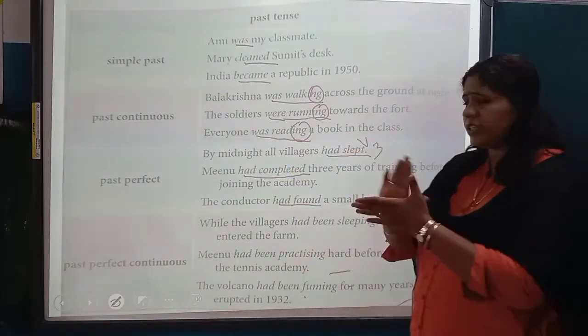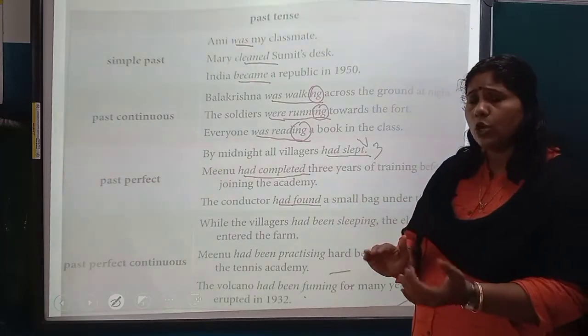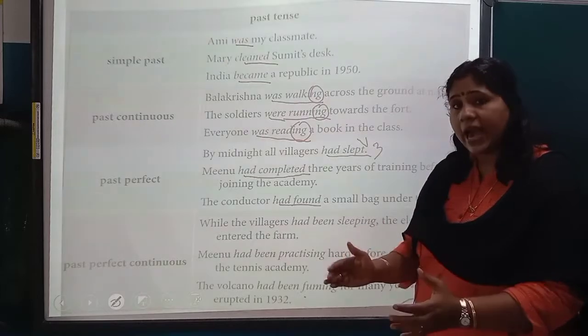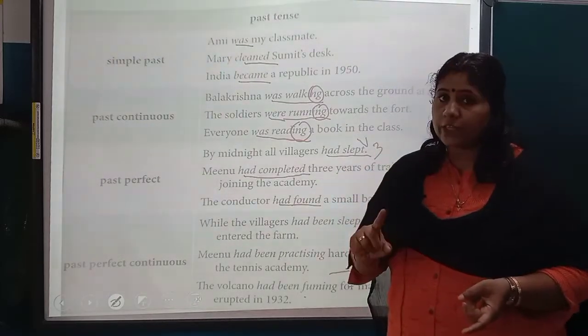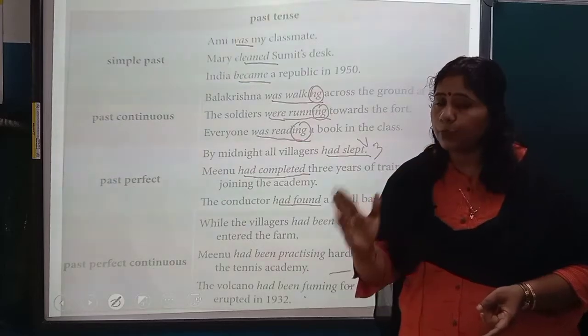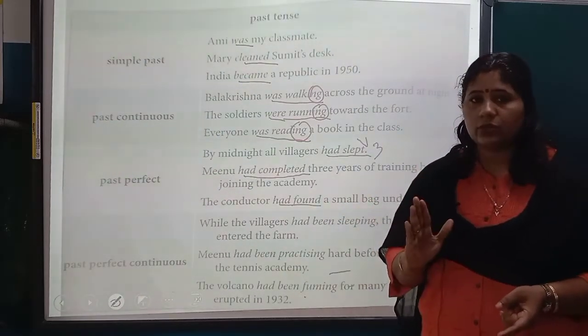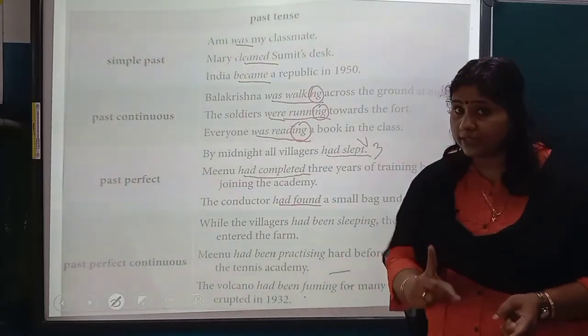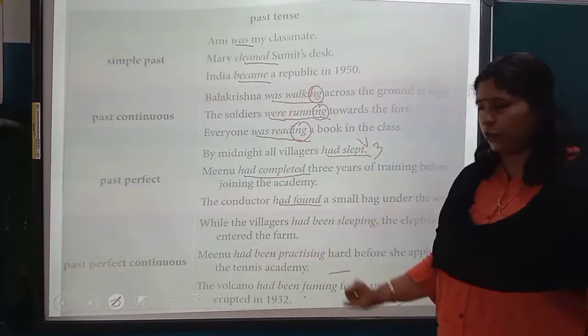Here you don't see whether the subject is singular or plural, in both you will write had. But be careful in present perfect. In present perfect you will see whether the subject is singular or plural. If singular then has, if plural then have. Okay, I is an exceptional case.